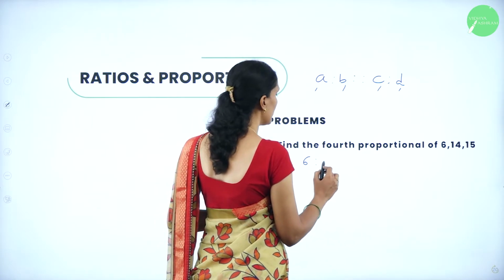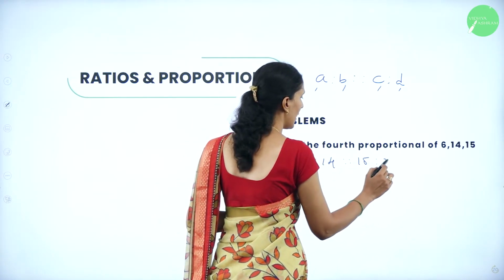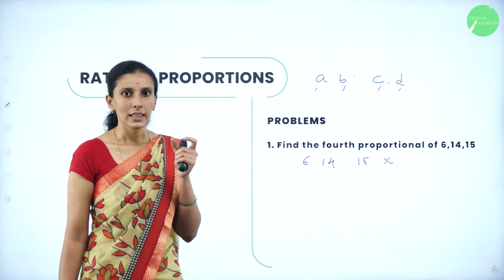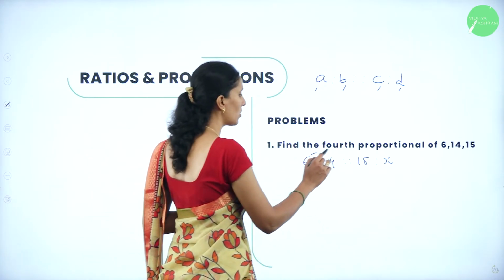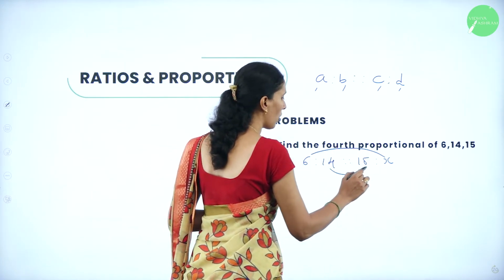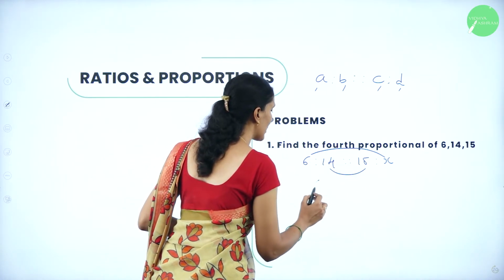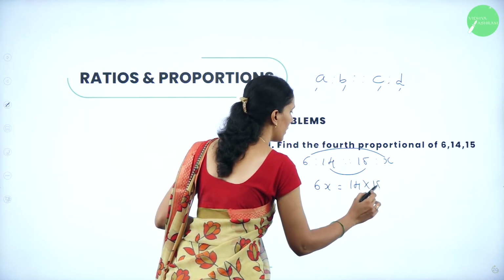6 is to 14 proportional to 15 is to x. So when you say the given ratios are proportional, the product of extremes is equal to the product of means. So let me take it. That is 6 into x, 6x is equal to 14 into 15.